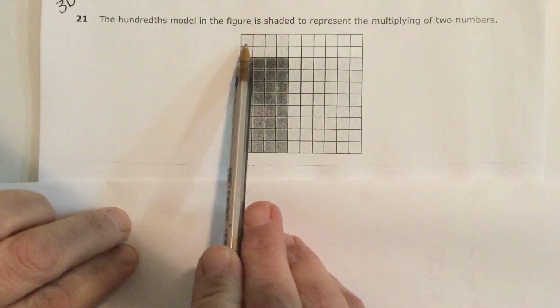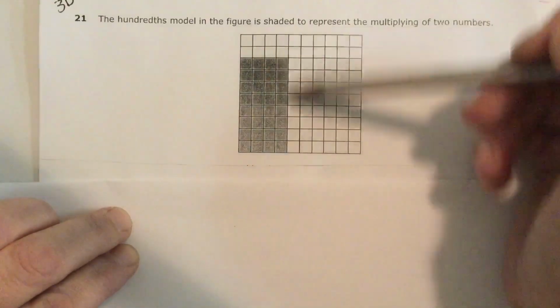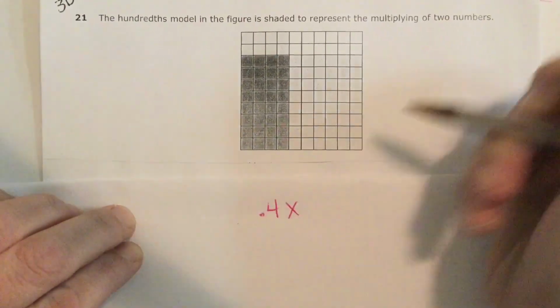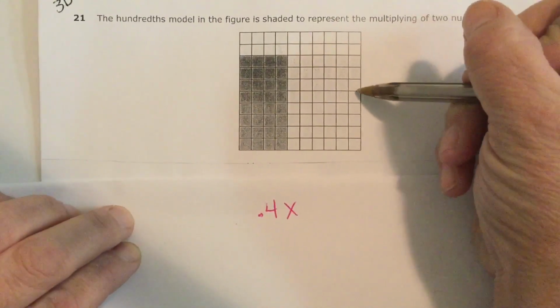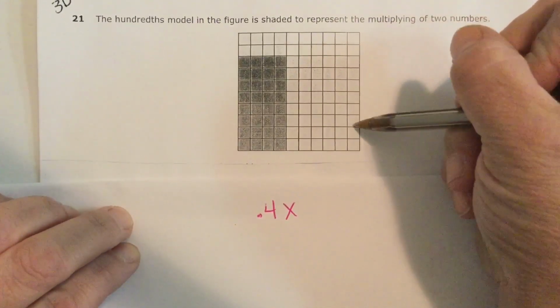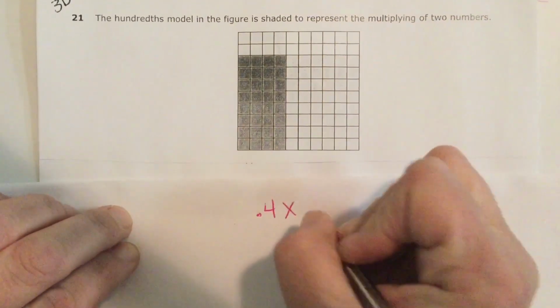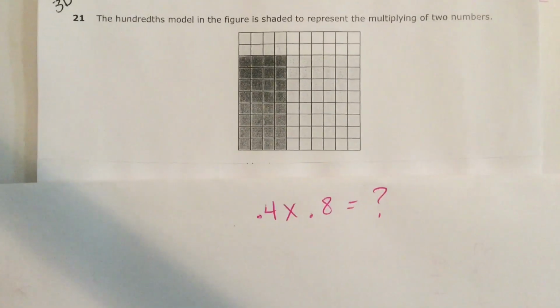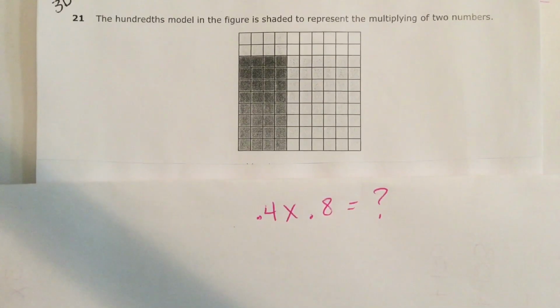Okay, so 1, 2, 3, 4, 4 tenths, so decimal 4 times 1, 2, 3, 4, 5, 6, 7, 8 tenths. So that is our problem. That's all you had to put. 4 tenths times 8 tenths. That is your problem that you're trying to solve.